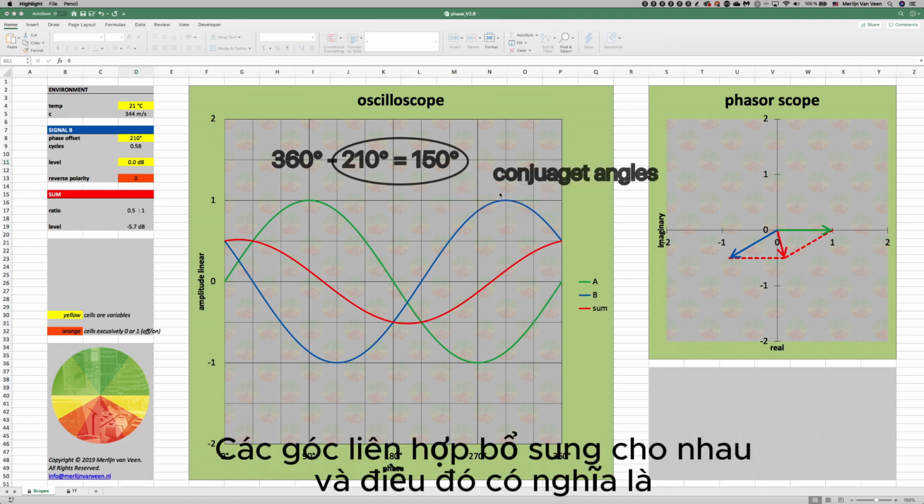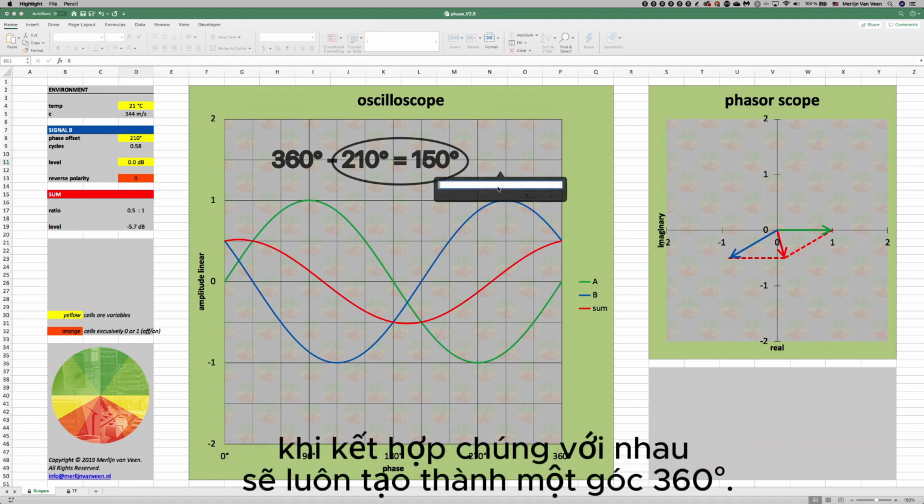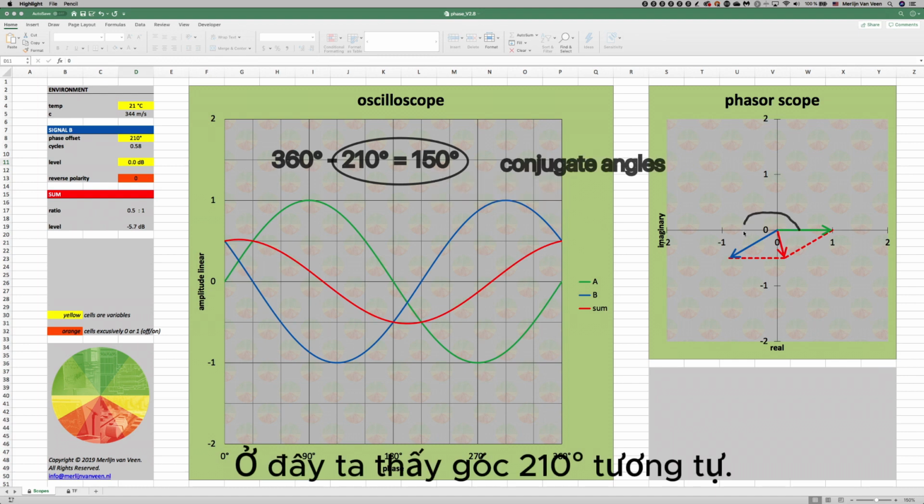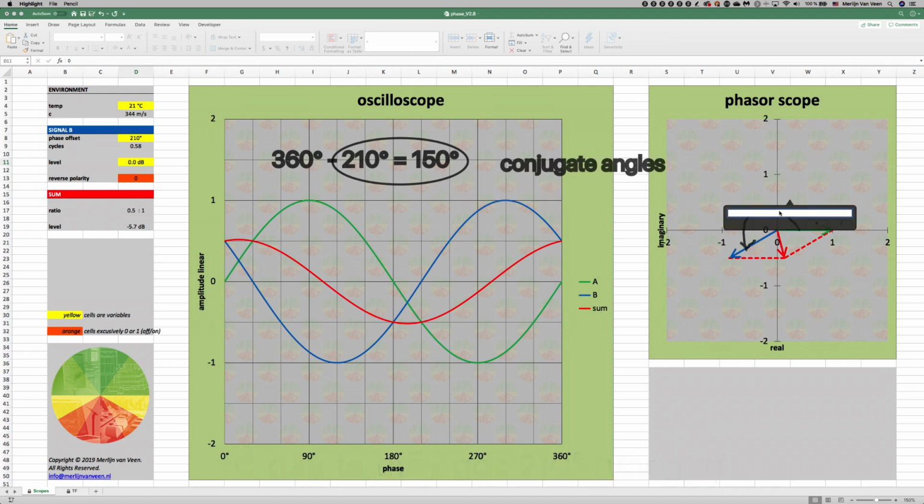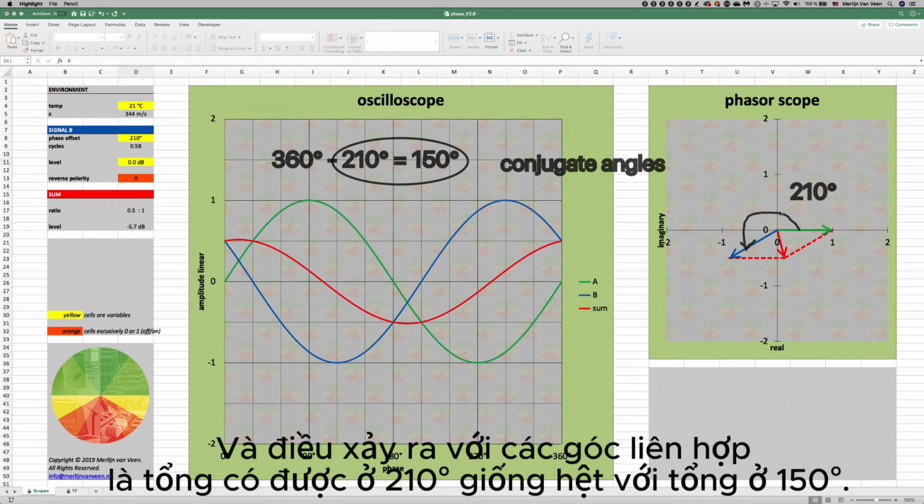They complement each other, and that means that together they will always form 360 degrees. Over here you see the same 210 degree angle.